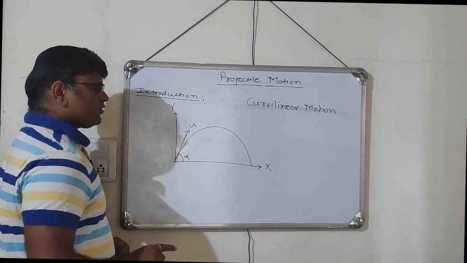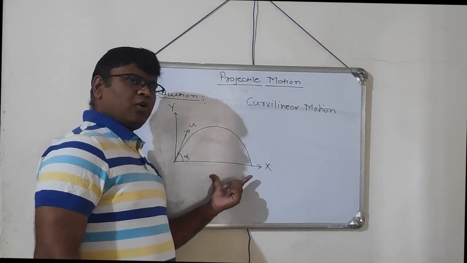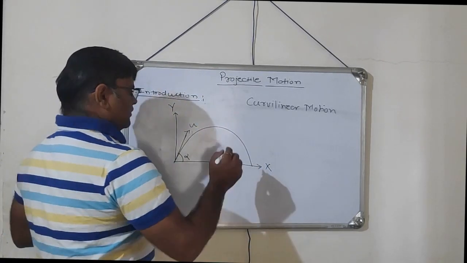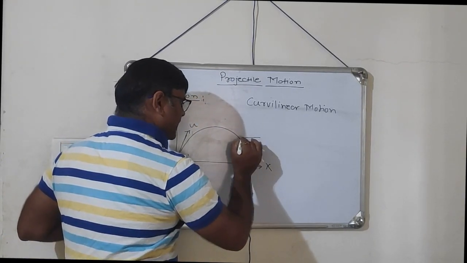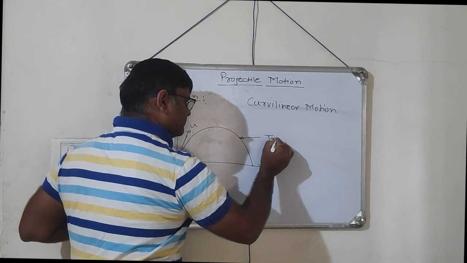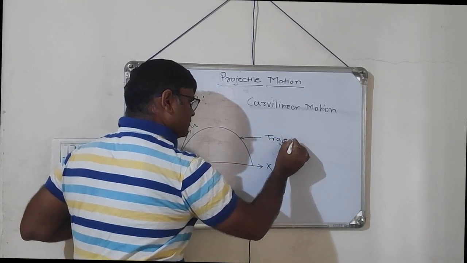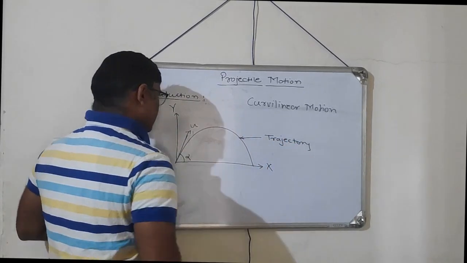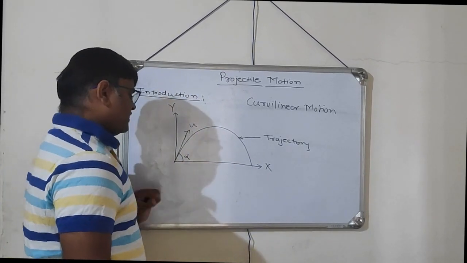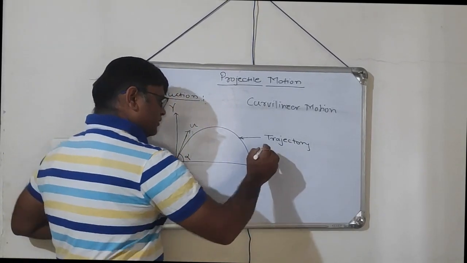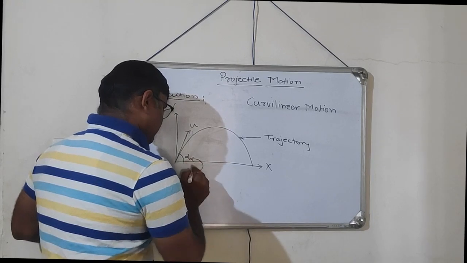Now there are a few terms which we follow in projectile motion. This particular path is called a trajectory. The angle with which we project the particle is called the angle of projection.